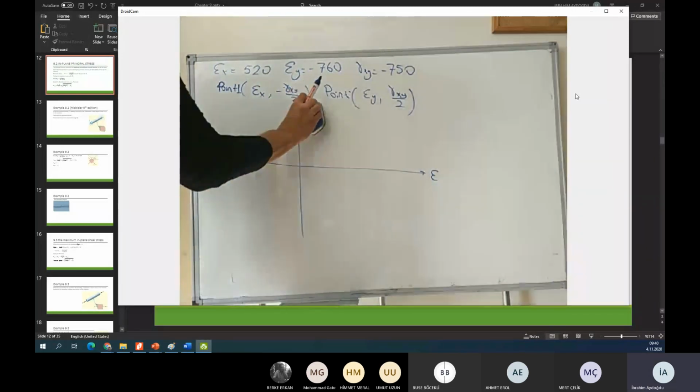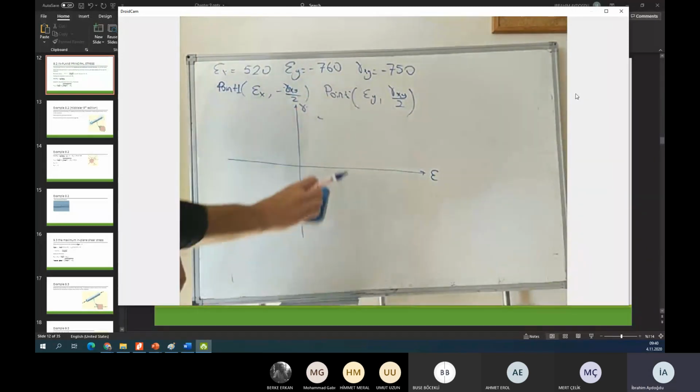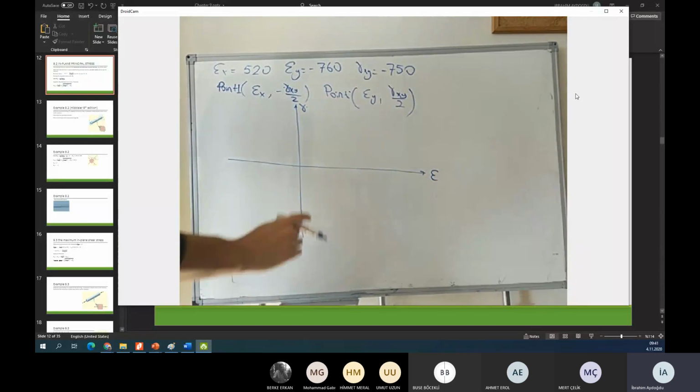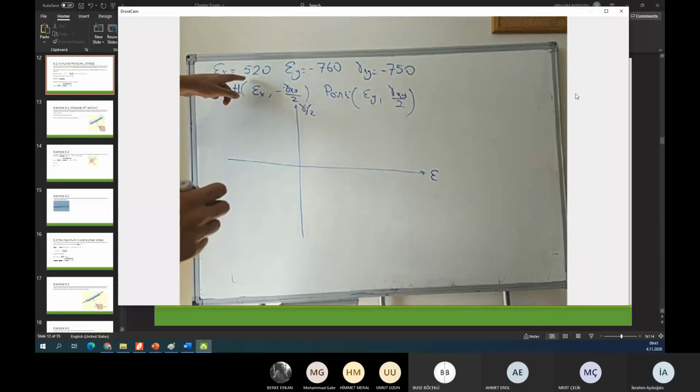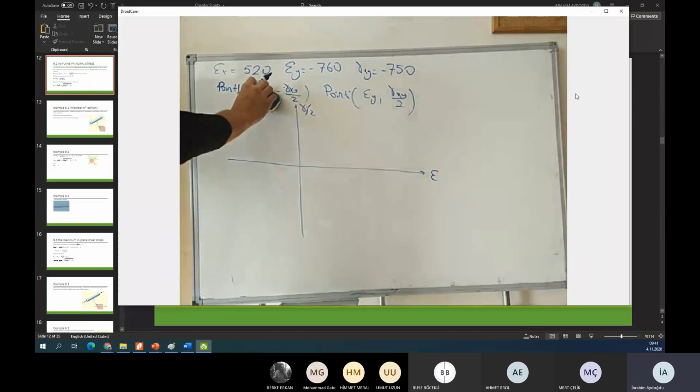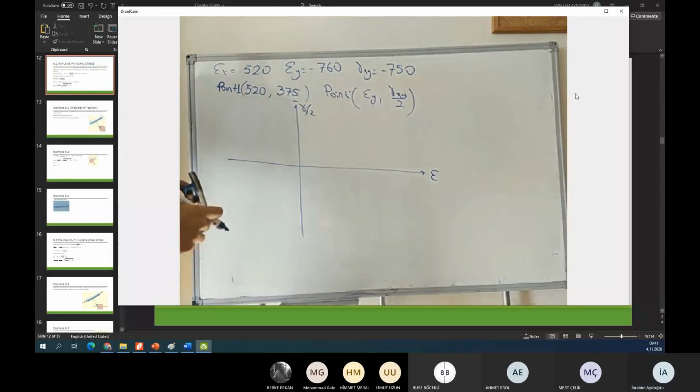First point: epsilon is equal to 520, gamma xy divided by 2 is positive 375.